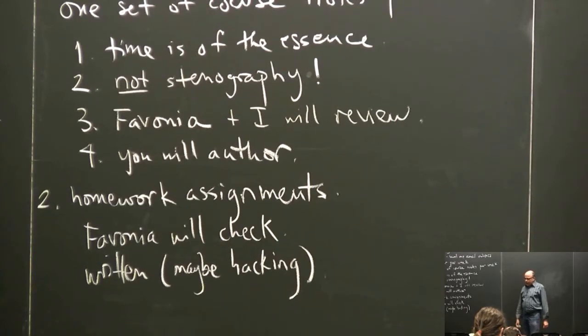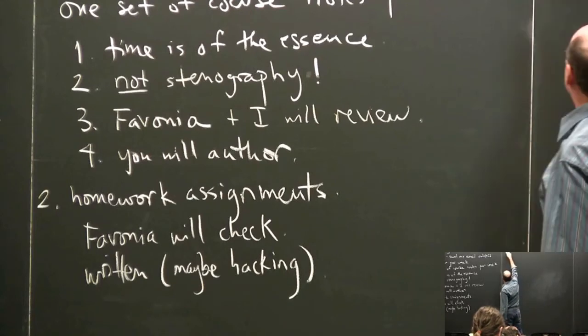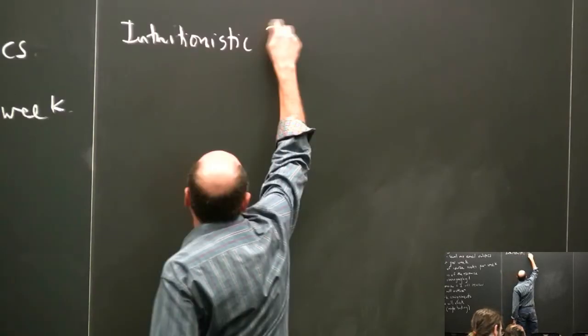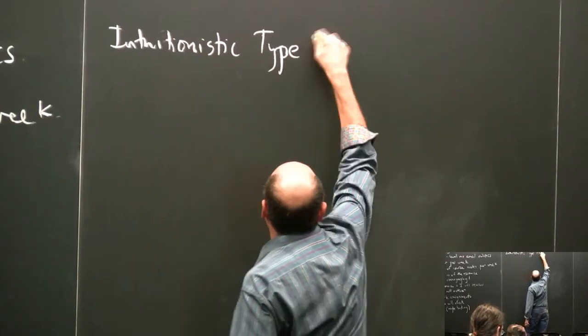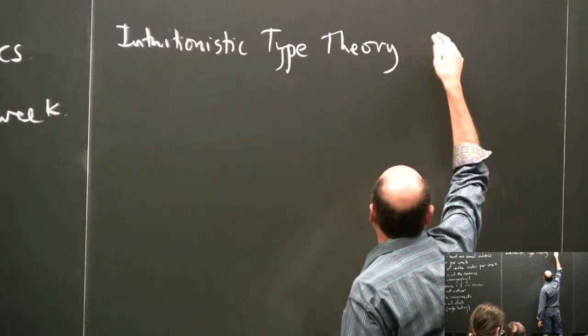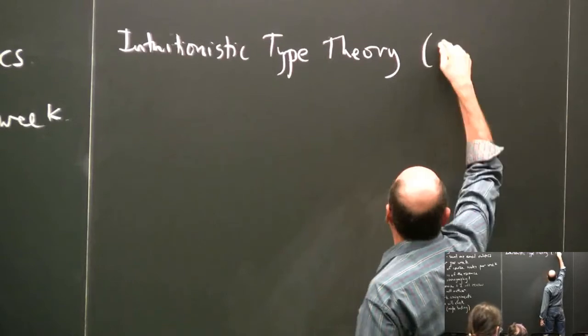So what are we doing? The foundation of what we're doing is a subject that is normally called intuitionistic type theory. There's an unfortunate notational clash that's going to come up, so let me just call it TT.